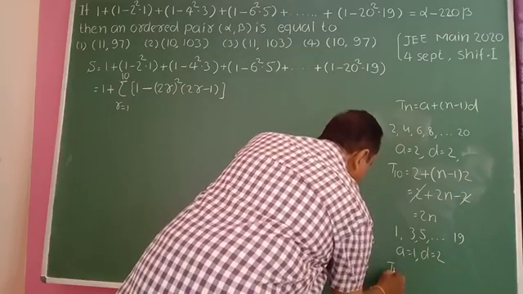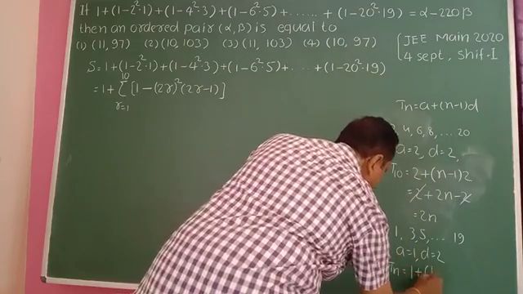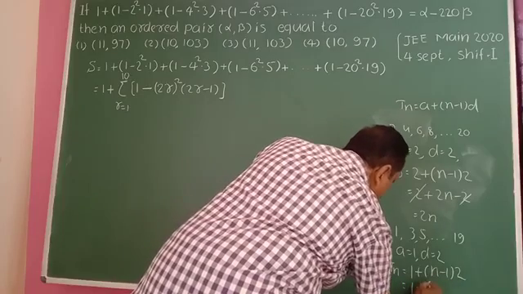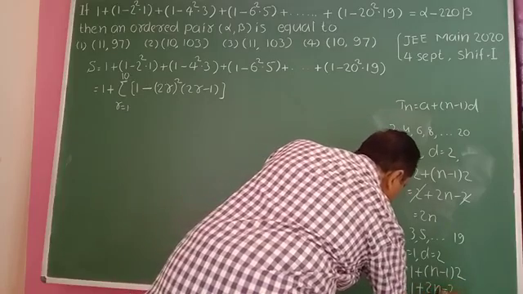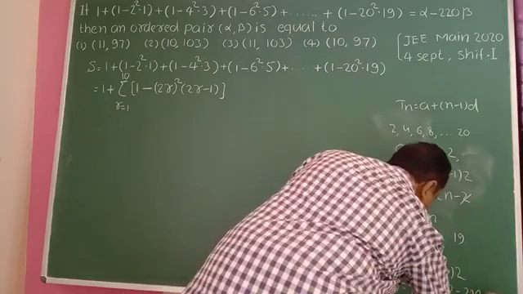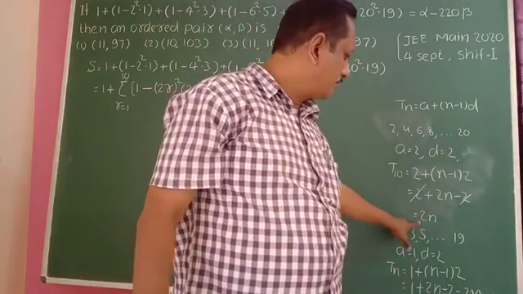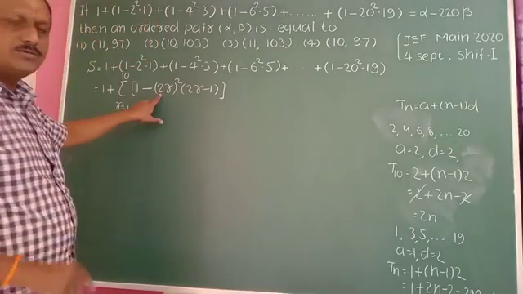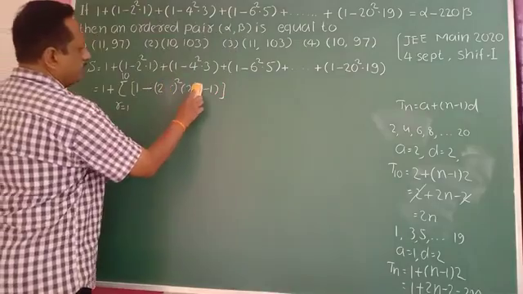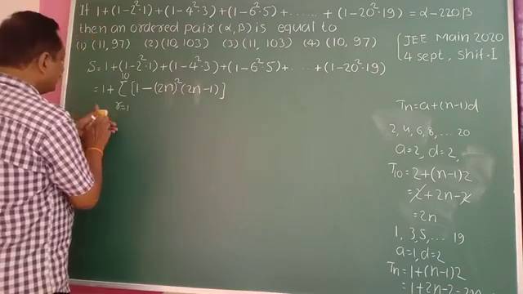Therefore Tn is again the same formula: 1 + (n − 1) × 2, which is 1 + 2n − 2, giving 2n − 1. So 2, 4, 6, 8 up to 20 gives 2n. You can take r or n also, no problem. So here take n.